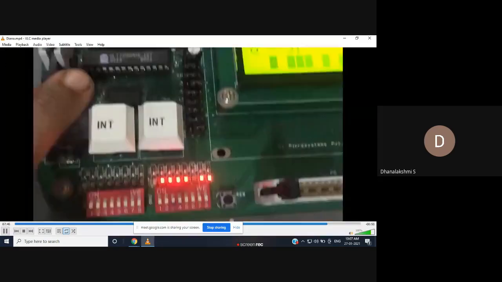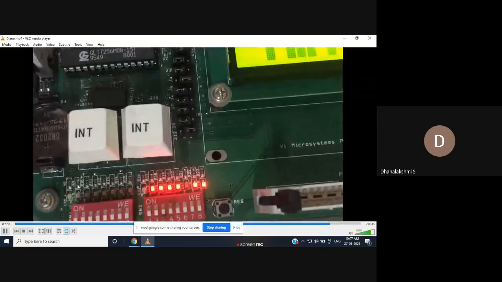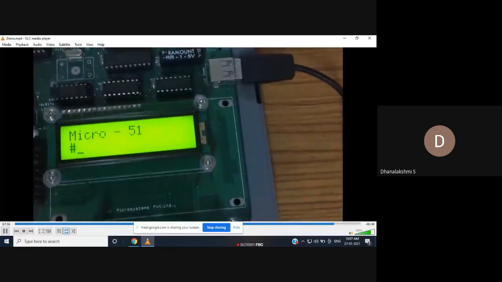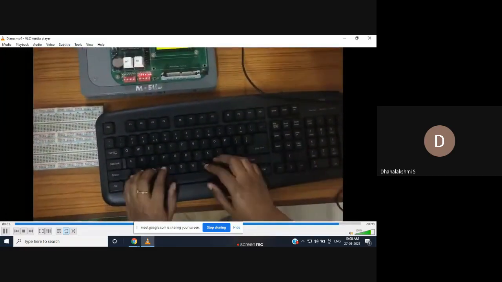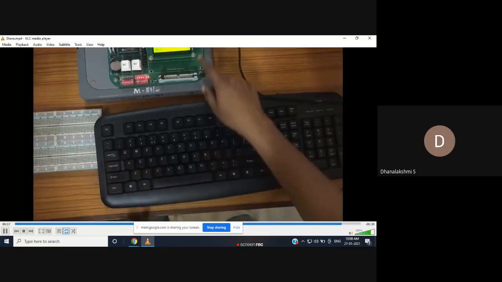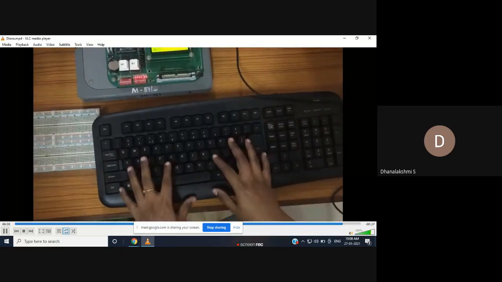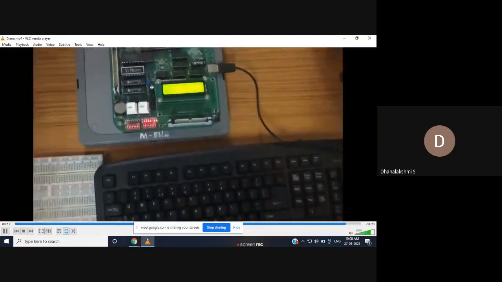And this is the USB connector for connecting the keyboard. An ordinary keyboard can be connected to this kit through this USB board, and you can feed in the code using this keyboard, and the same will be displayed on the alphanumeric LCD display.